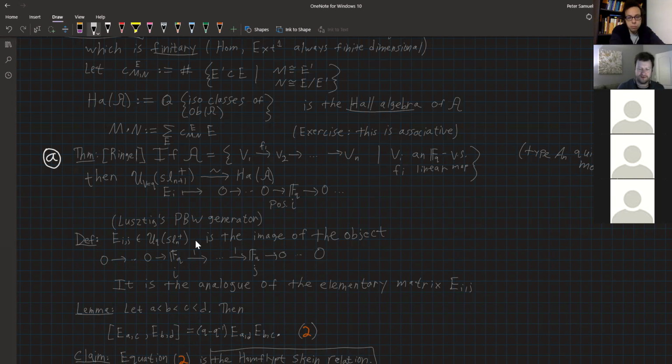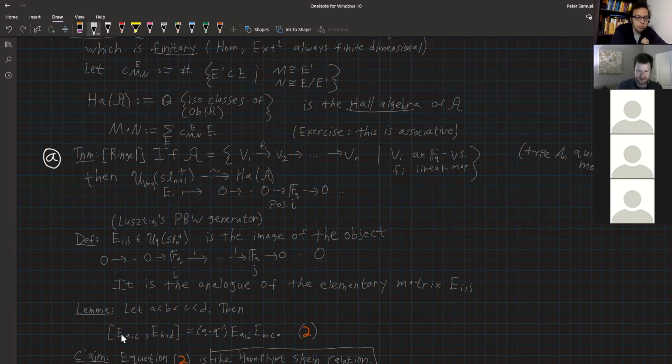In the Hall algebra, you can take the object which has one-dimensional vector spaces in the range from position i to position j, and you take isomorphisms as the maps between them. This is an indecomposable object in this category, and it corresponds to something nice inside this quantum group.